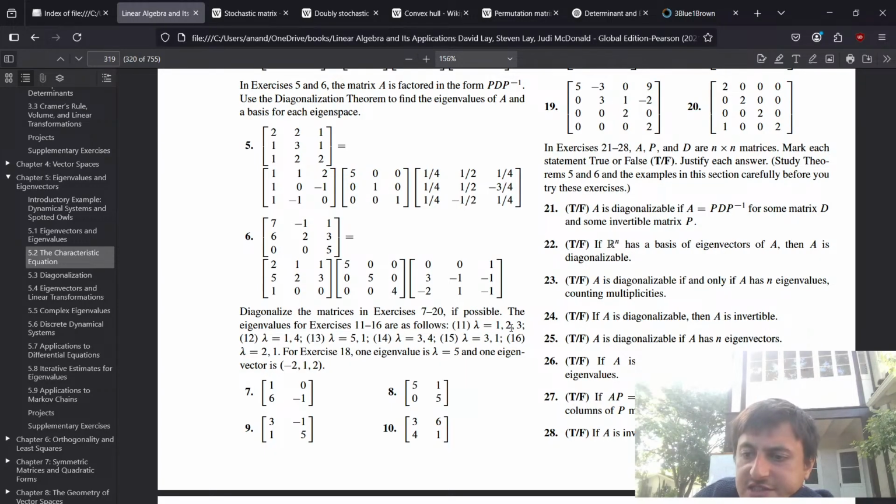If Rn has a basis of eigenvectors of A, then A is diagonalizable. That's true. A is diagonalizable if and only if A has n eigenvalues.